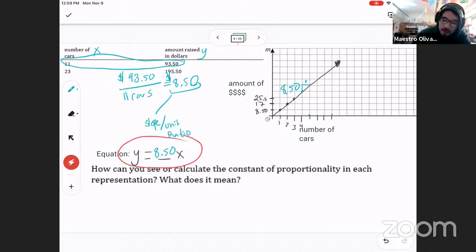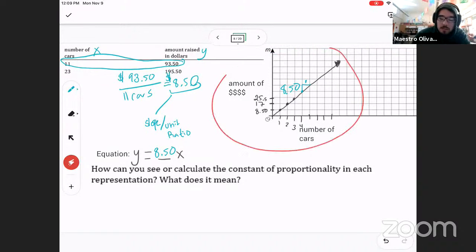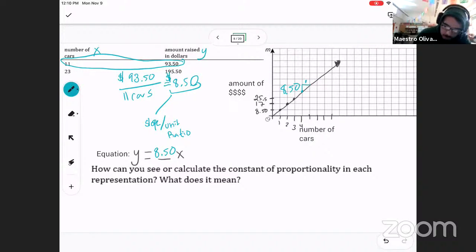If you have an equation, all you do is look at the number in front of the x. And if you have a graph, you draw the triangle and you see how much it goes up and how much it goes to the right. And you divide those numbers.